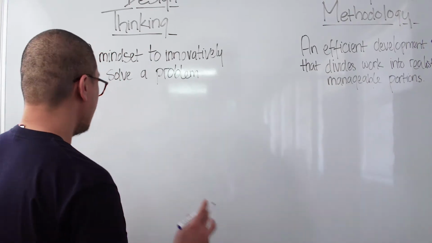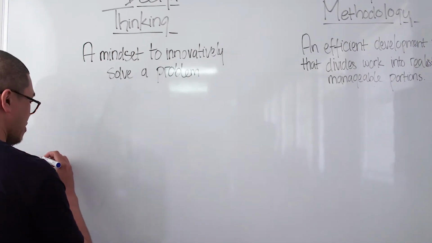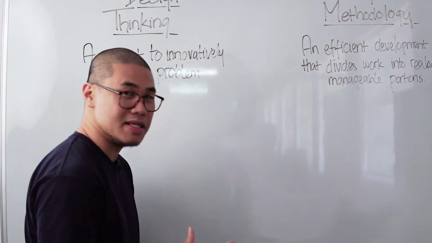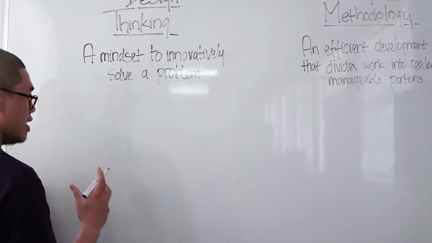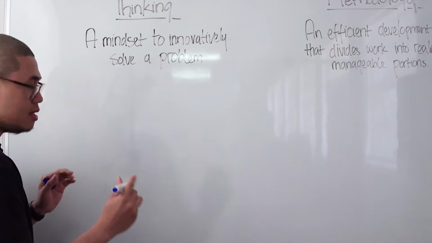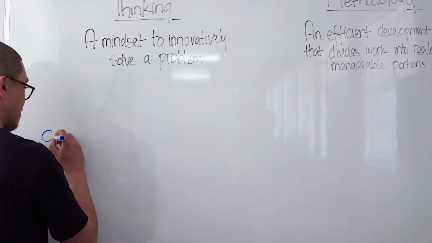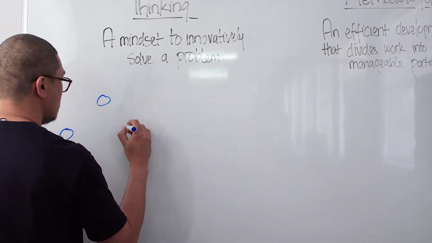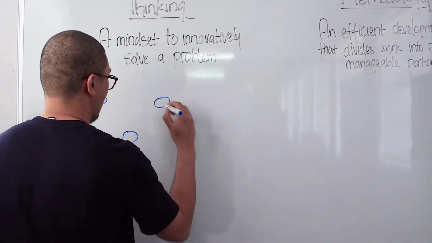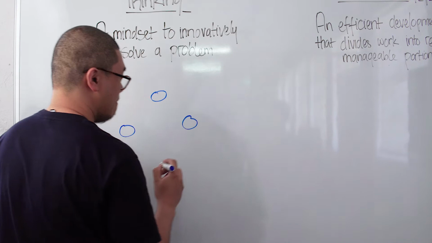So if you're familiar with design thinking, generally there are different processes, but I'll just go with one that is quite popular. So you'd start with basically 5 points here: 1, 2, 3, 4, 5.